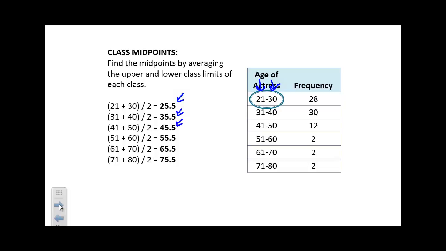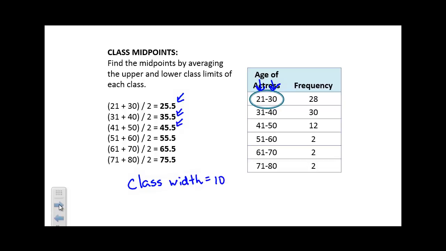Do you notice that there's a pattern there? It increases by 10 each time, and the reason it increases by 10 each time is because the class width was 10.